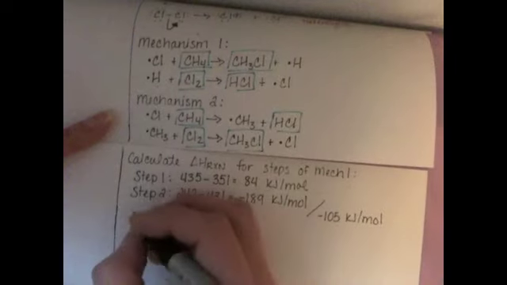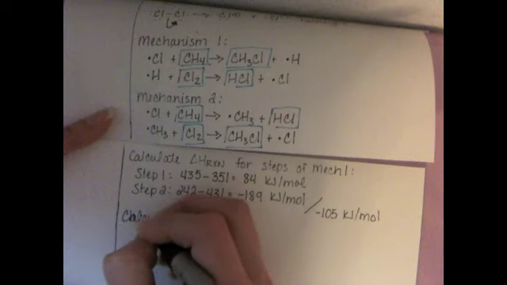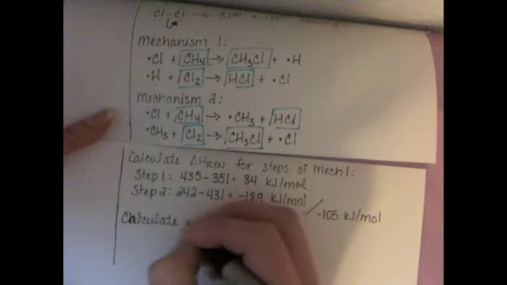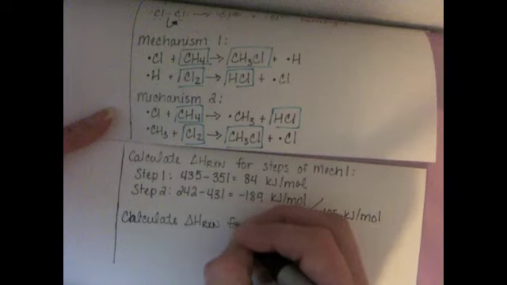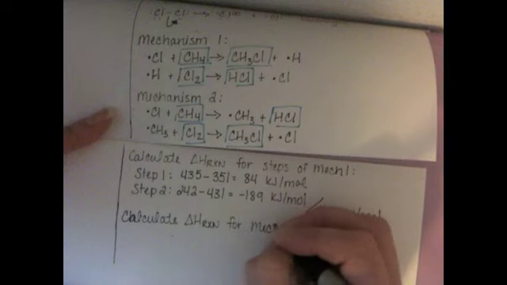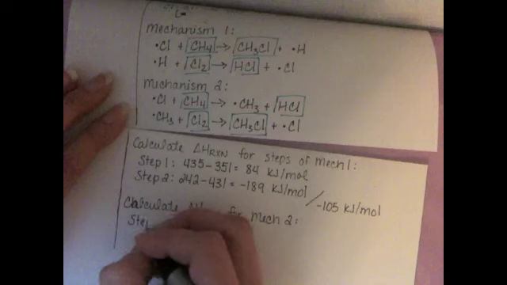Now we're going to do the same thing for mechanism 2, because what we want to be able to do is compare the steps of mechanism 1 to the steps of mechanism 2.